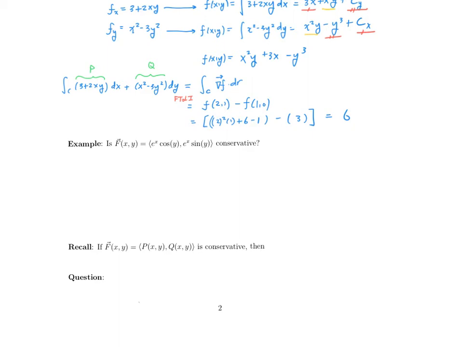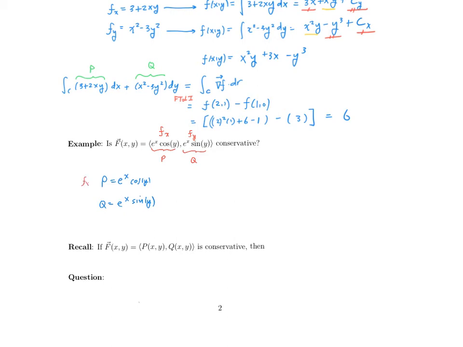And it turns out that we had a simple way of checking. So let me remind you, if we think of these components of the vector field as being p and q, we can know p is equal to e to the x cosine y, q is equal to e to the x sine y. And note, if we have a conservative vector field, we would want the first entry to be the partial little f sub x, and the second entry to be the partial little f sub y.